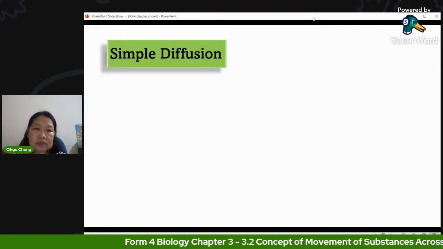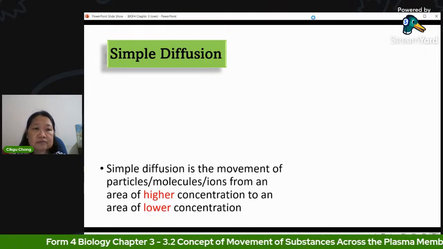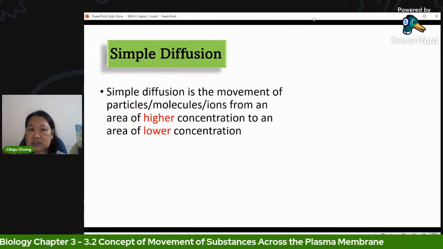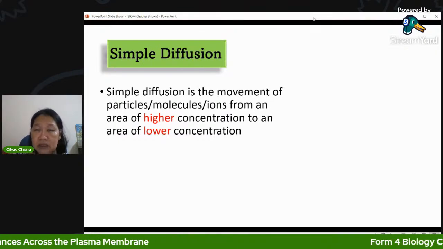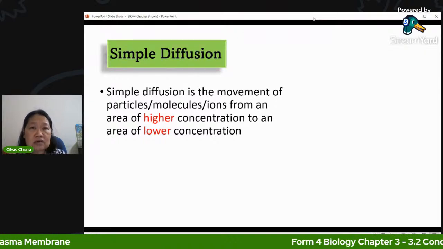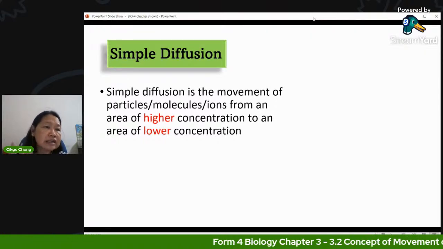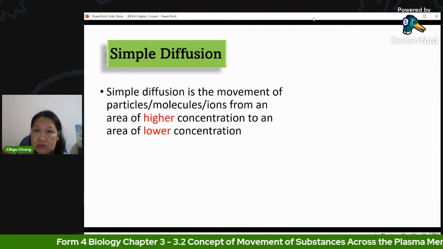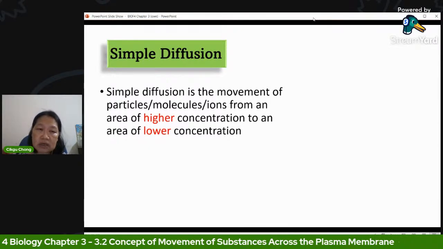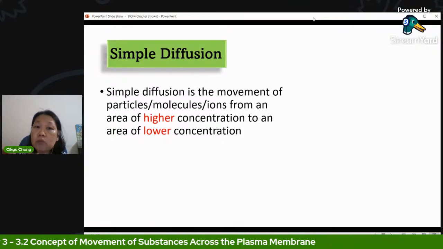Simple diffusion. Definition first. Simple diffusion is the movement of, okay, so it's a movement. All of these are referring to movement. So you must start your definition by saying it's a movement. Movement, number one, of what? What is moving? You can say particles, you can say molecules, you can say ions. From where to where?